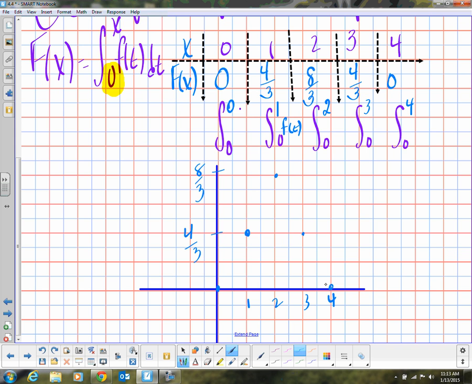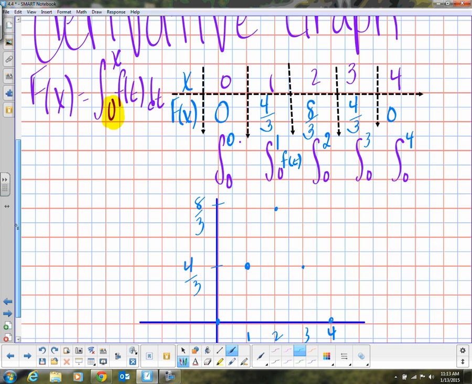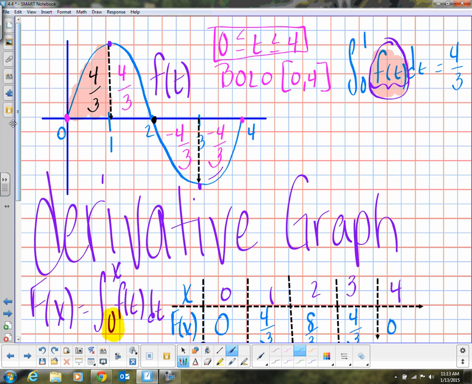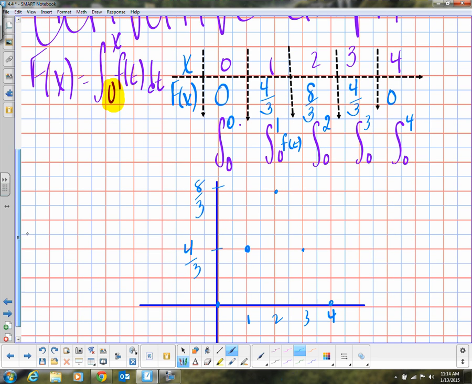Now, when you go to connect your dots, what are you going to think about? Derivative. It is a derivative. How am I going to connect this dot to this dot? I'm going to look at this, and what does this tell me? It's above, meaning I should increase. And because it's increasing, I should be concave up. In other words, I'm going to go from here, increasing concave up. Then what am I going to do?